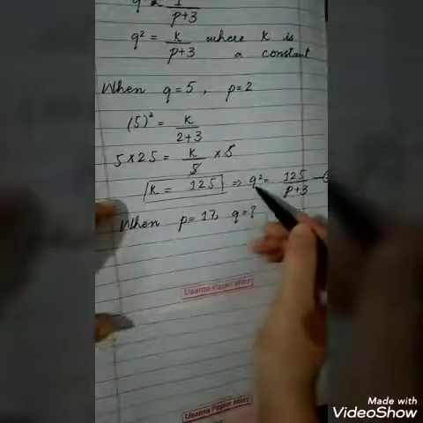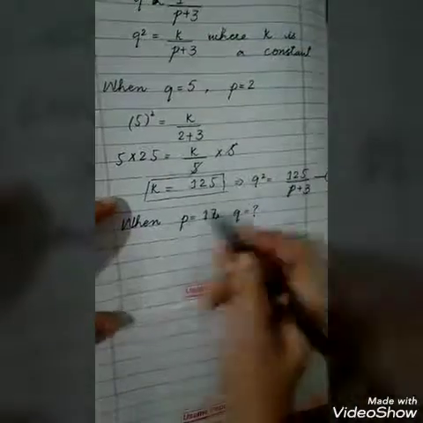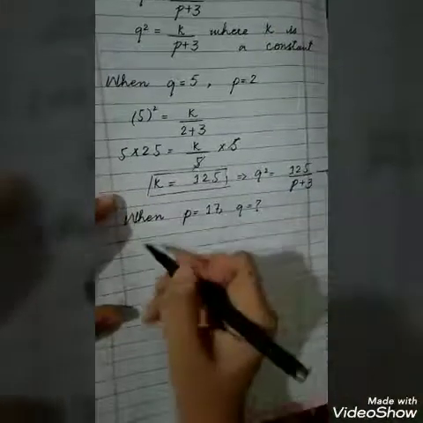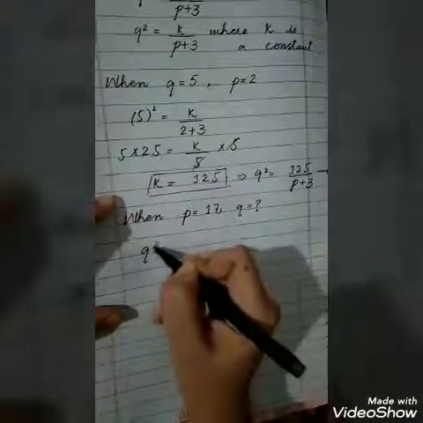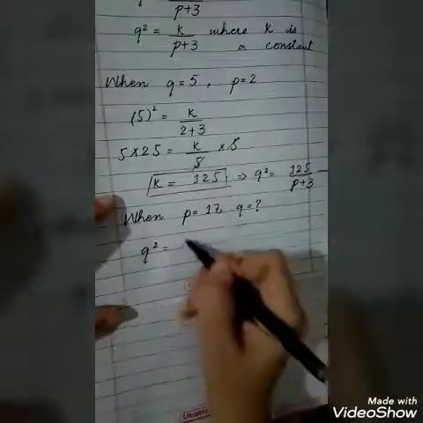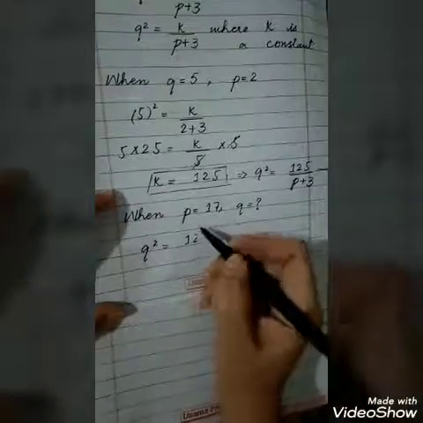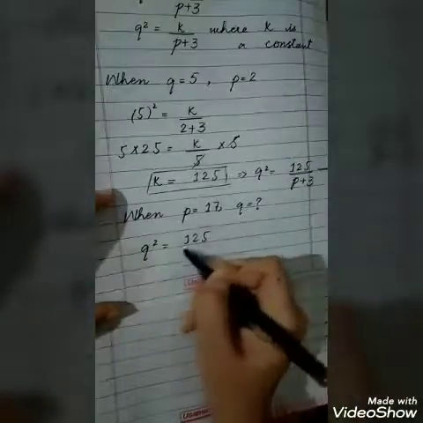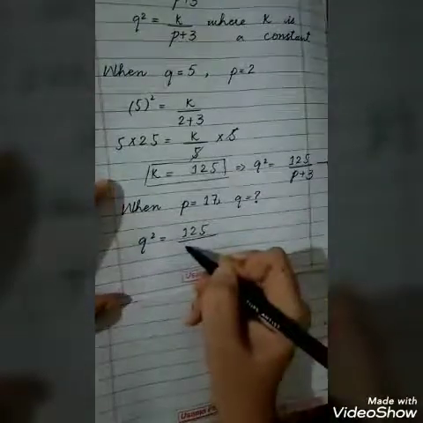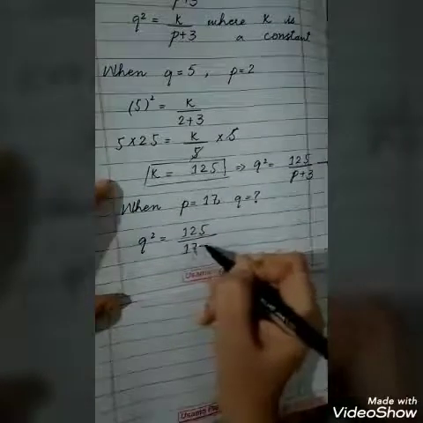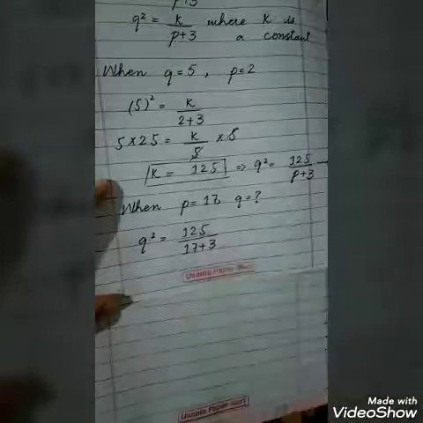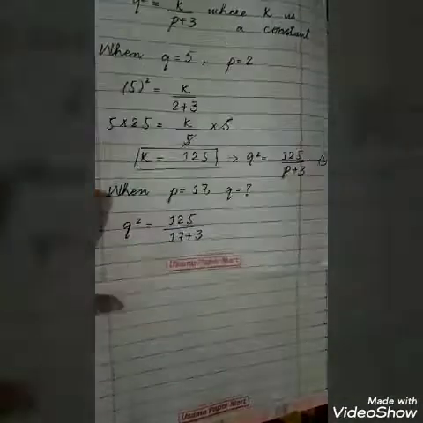We have to find q square, and the p value given is 17. So q square is equal to 125 by 17 plus 3.